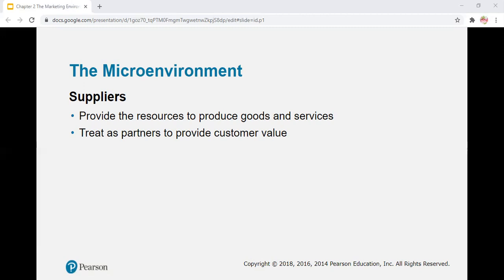Supply shortages or delays, for example labor strikes or natural disasters and other events, can cost sales in the short run. And the conclusion of this is that we damage our customer satisfaction in the long run.